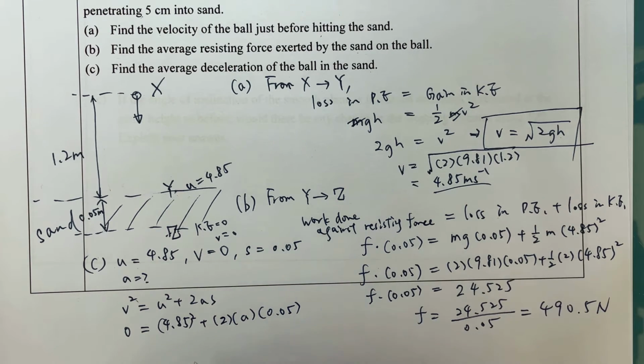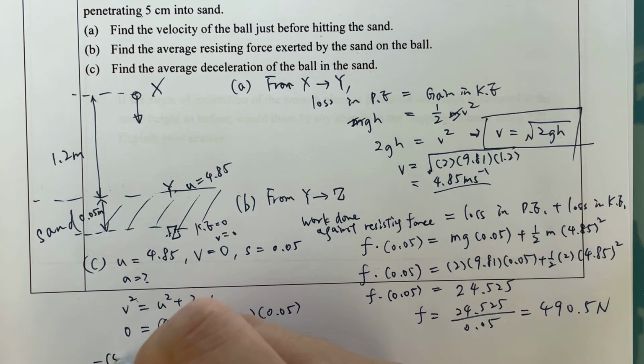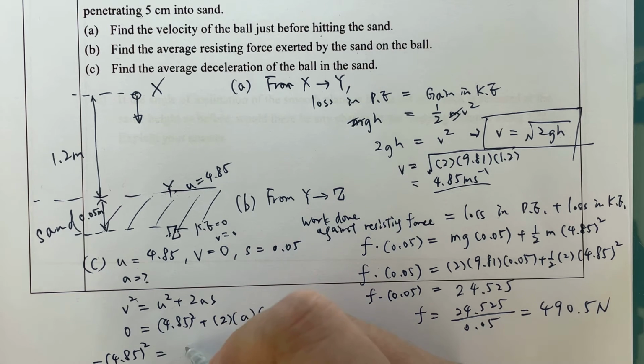And you may just do the calculation by like negative 4.85 square equal to this 2 times 0.05 is 0.1 A. So A is equal to negative 4.85 square.